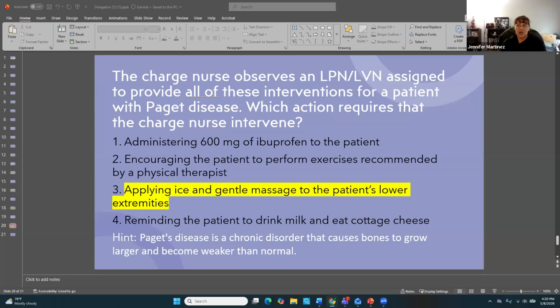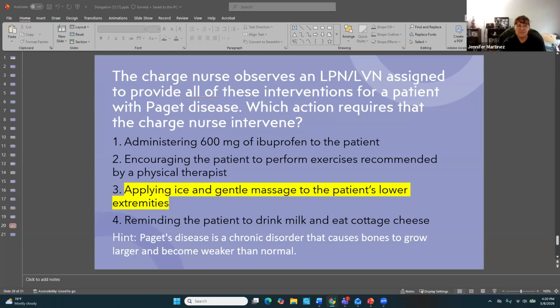Correct. It is 3. What is Paget's disease? It's like a bone disease. A bone disease. Okay. And what happens with Paget's disease? Does anybody know? Their bones get weak.